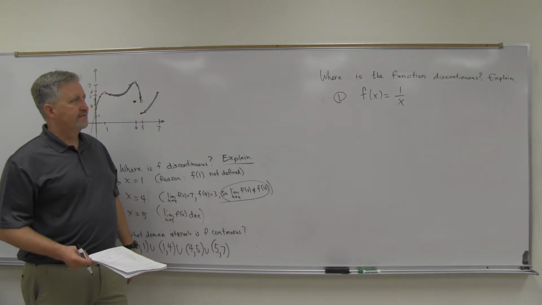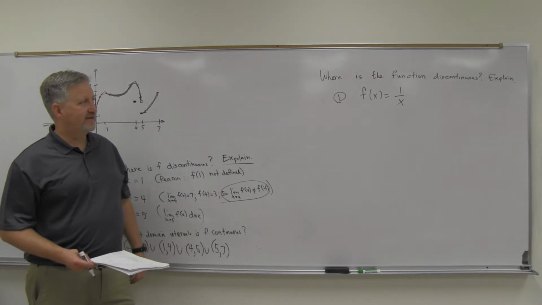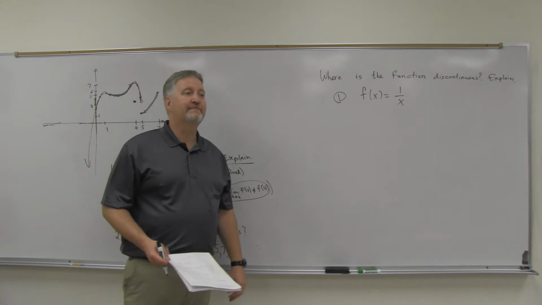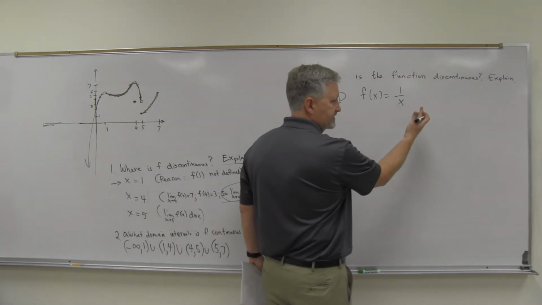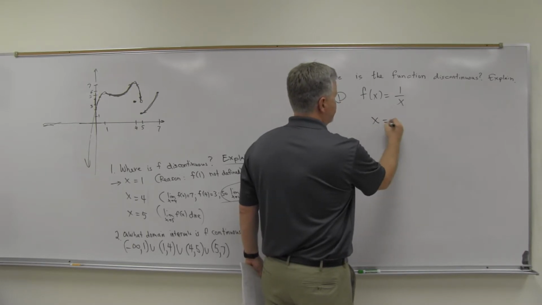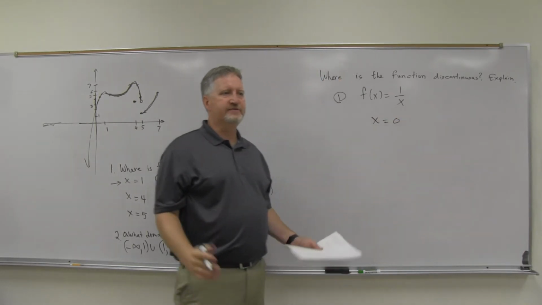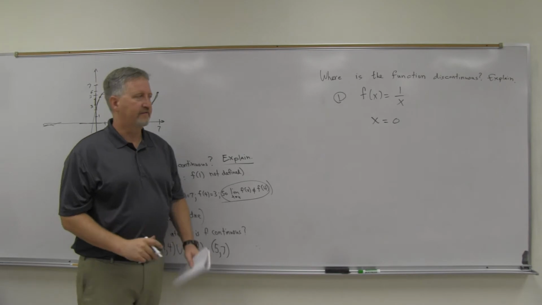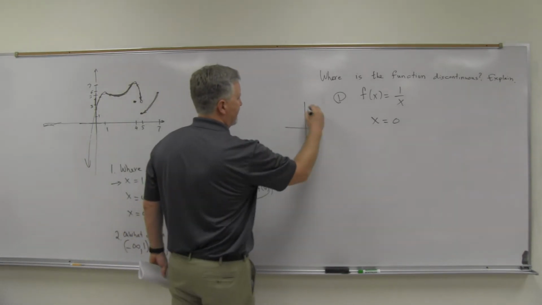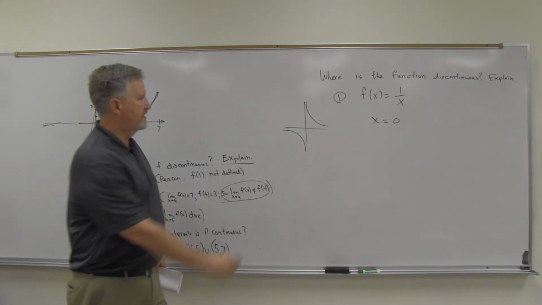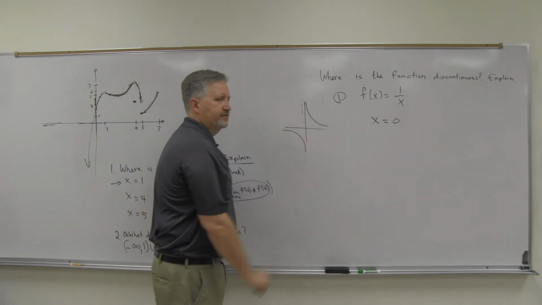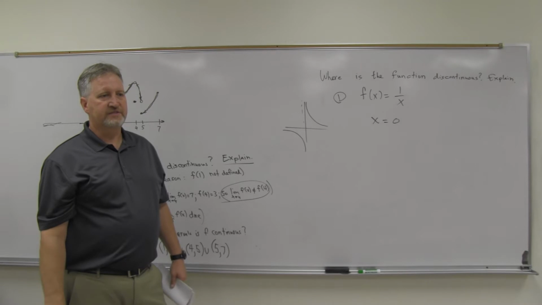But generally speaking on these, we're looking at denominator 0. Where is the denominator 0? So that would be x equals 0, wouldn't it? It's going to be discontinuous at x equals 0, because that would make the denominator 0. We're going to get a break in the graph. And like I said, look at the graph. Yeah, you've got that vertical asymptote at 0. This is going to be discontinuous at 0.